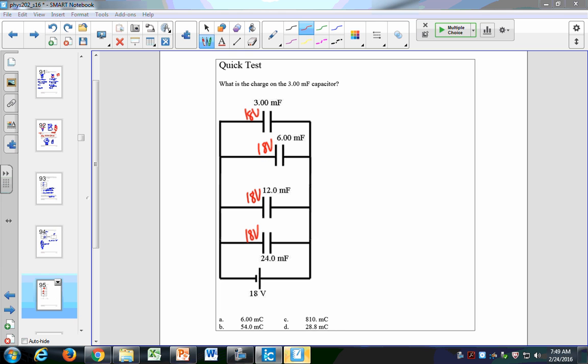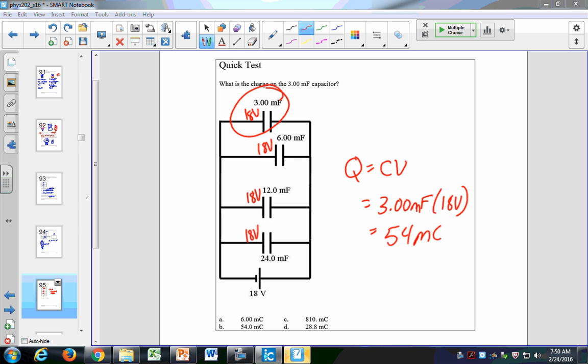Remember, it's as if each capacitor is hooked up individually to the battery or to the power supply. And if I want to know the charge on this capacitor, I say Q is equal to CV. That's 3 millifarads times 18 volts. That's equal to 54 millicoulombs. So 54 is the right answer.